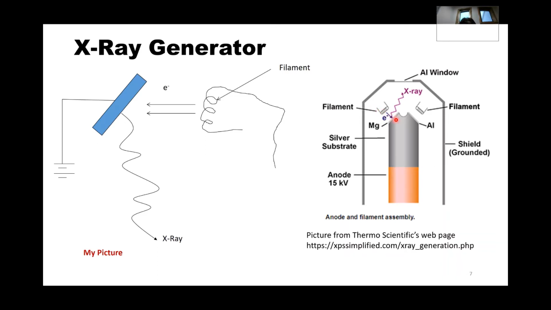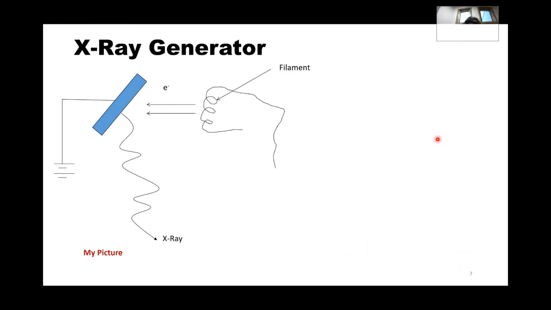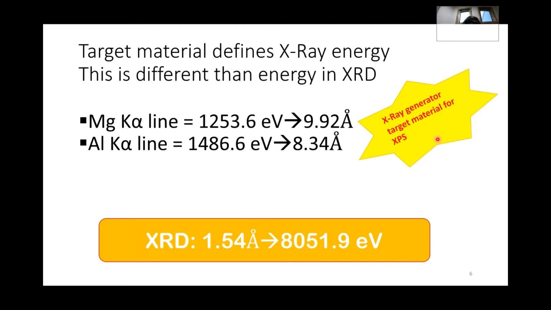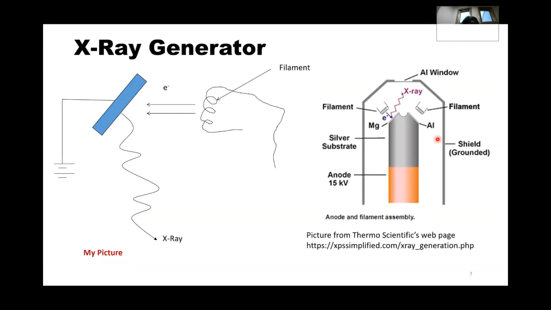The electrons hit the target. It's going to have one wavelength of X-rays if you've energized the magnesium side, and a different wavelength of X-rays if you've energized the aluminum side. And so what wavelength will you have? Well, here we go. You'll have almost 10 angstroms for magnesium and just over 8 angstroms for aluminum, so higher energy for that aluminum side, basically. So an X-ray generator.